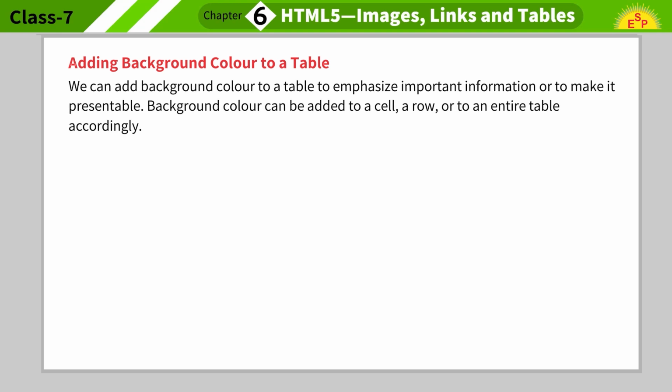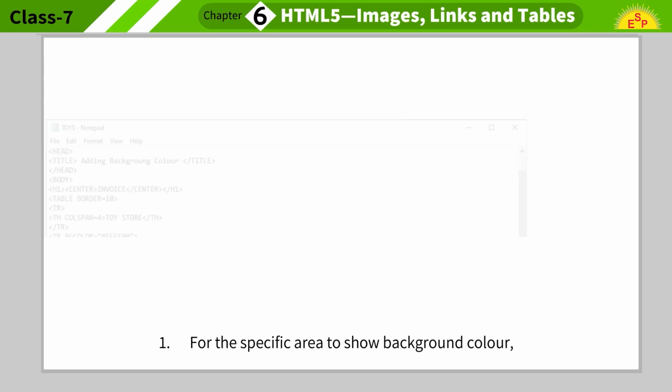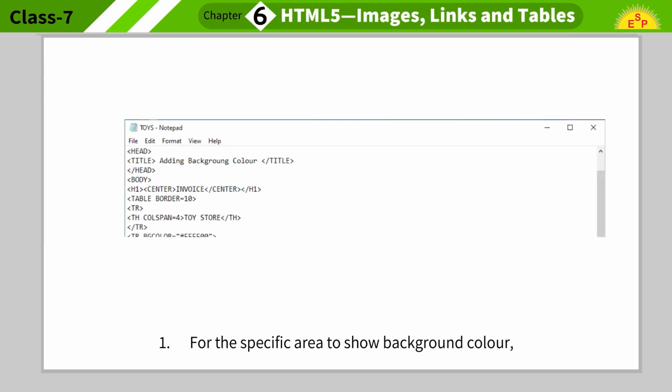Adding background color to a table. We can add background color to a table to emphasize important information or to make it presentable. Background color can be added to a cell, a row, or to an entire table accordingly. Follow the steps to add background color to a table. Step 1. For the specific area to show background color, place the cursor in the tag for the cell, TH or TD, row, TR, or table to add color to.